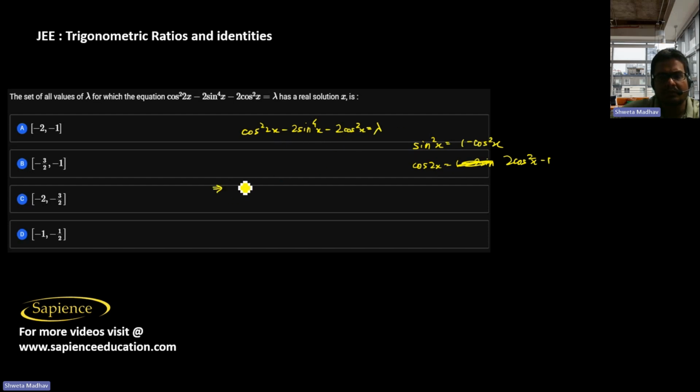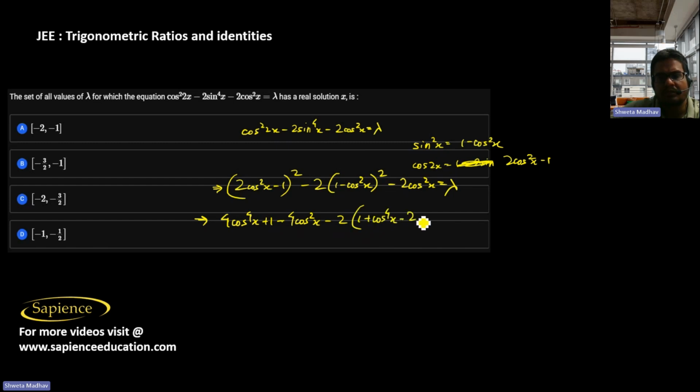So here we can write this will be (2 cos square x minus 1) whole square minus 2 (sine square x) whole square, so I can write 2 into (1 minus cos square x) whole square, minus 2 cos square x, that is equal to lambda. So then we can say that 4 cos power 4x plus 1 minus 4 cos square x, then minus 2 into (1 plus cos power 4x minus 2 cos square x), minus 2 cos square x, that is equal to lambda.